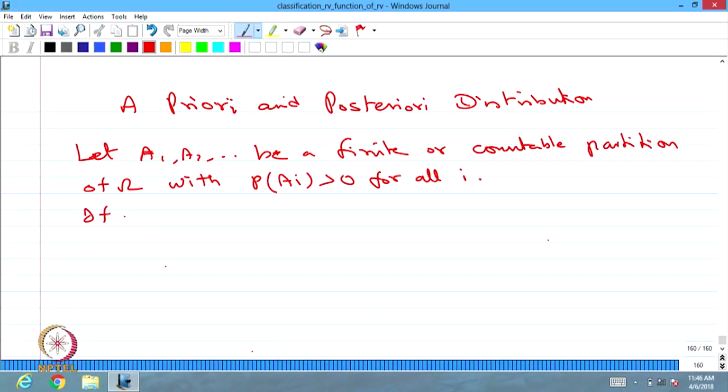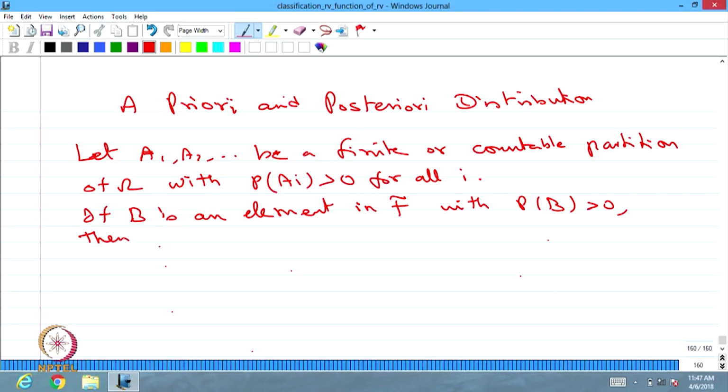If B is an event in F with the probability of B strictly greater than 0, then the distribution given by P of An for all n is called the prior distribution.